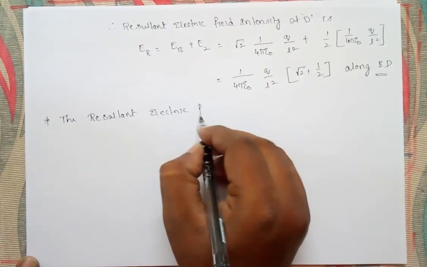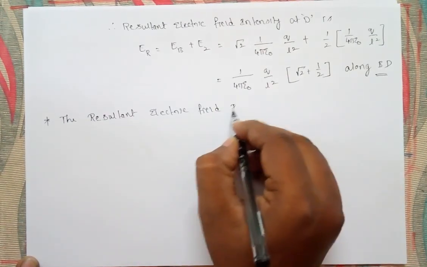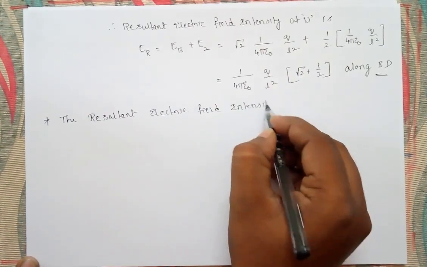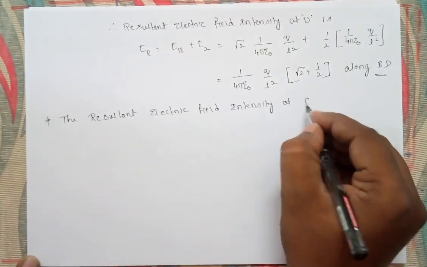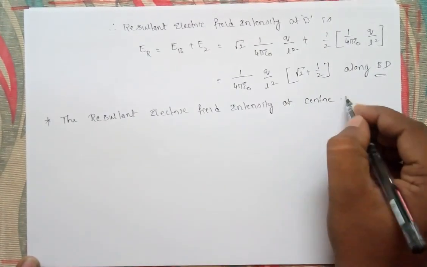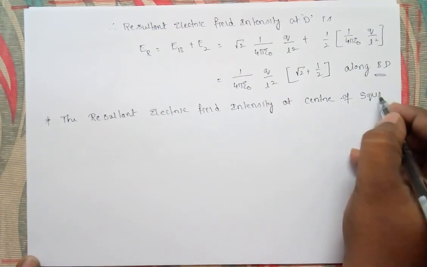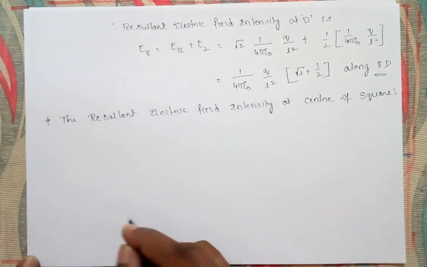So, the resultant electric field intensity at the center of the square.